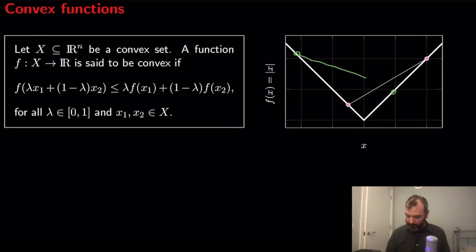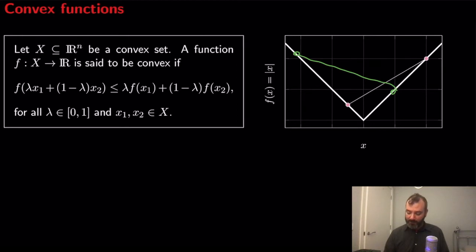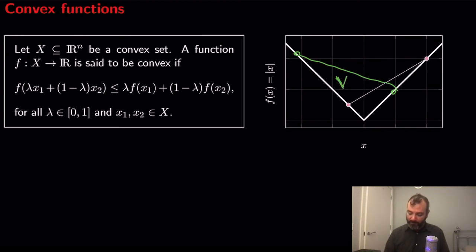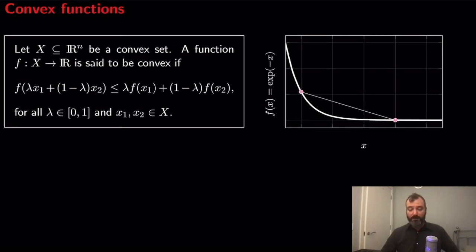Connect them with a line segment. Again, the line segment is above the function. The function is below the line segment. Or take this one, the exponential of minus x. Take any 2 points on the function, any points you like, this one and this one. The function is below the line segment.